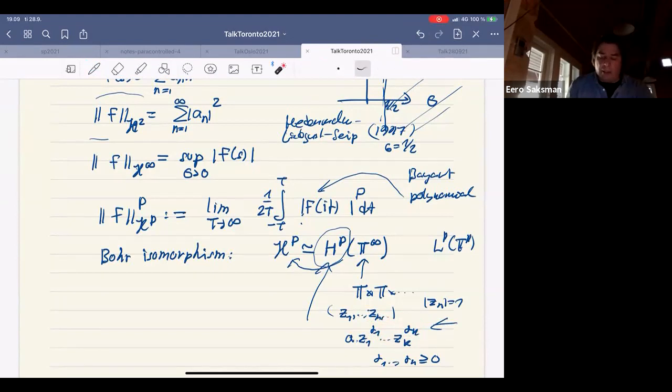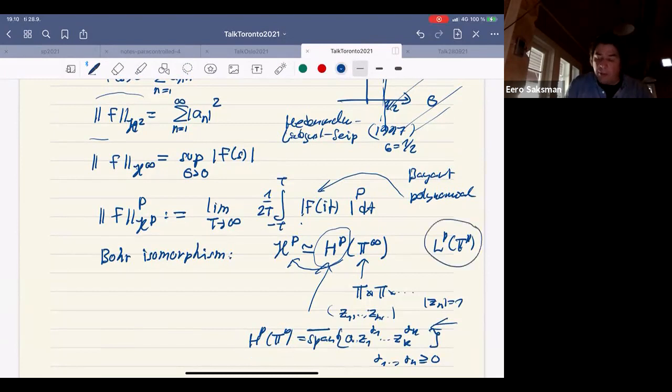And of course, what is then the H^p space? This script H^p on the infinite dimensional torus is just the span of these kind of elements, and you take the span in L^p of the measure space.